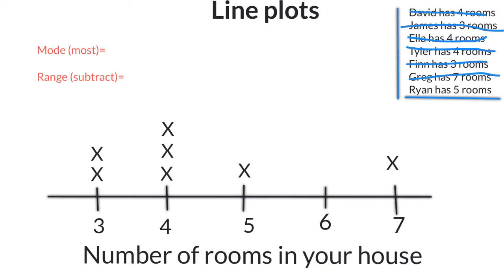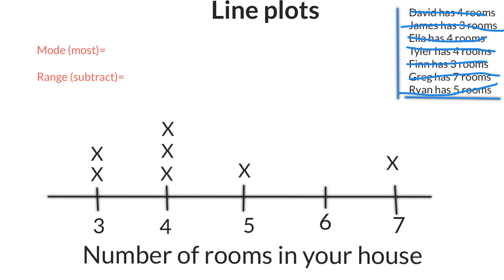So now that my line plot's complete, I can gather some data here. Just by observation, I can see that 6 didn't have any votes, 5 rooms and 7 rooms were tied with 1. 2 students had 3 rooms, and then 3 students had 4 rooms. So the easiest one's going to be the mode, or the most.